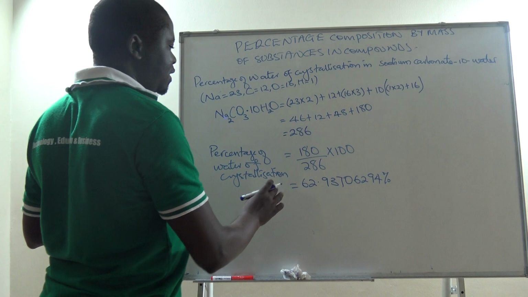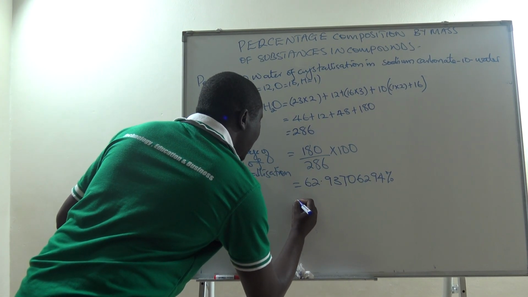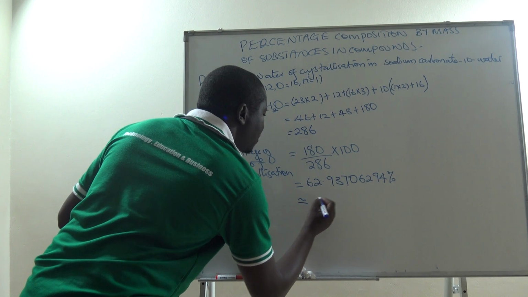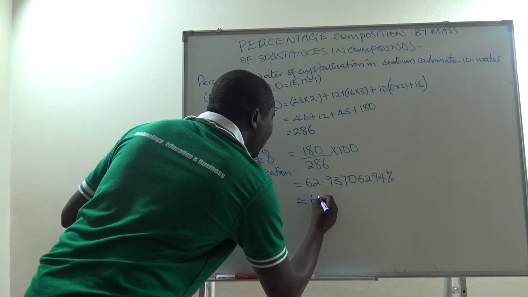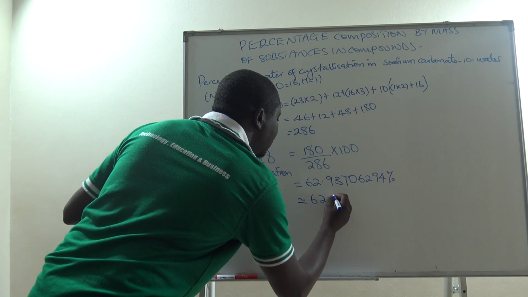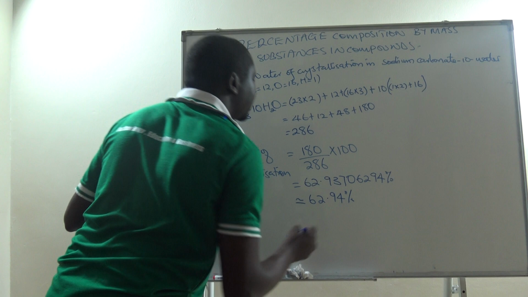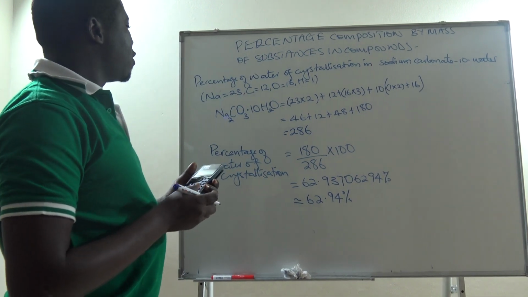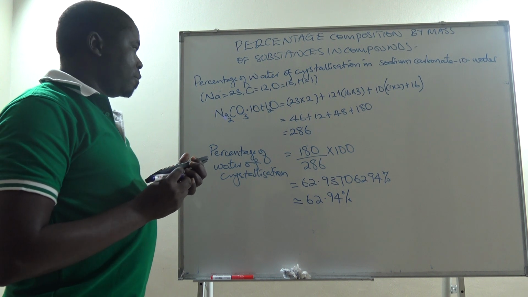And then this is the correct answer. You write the whole of it. And finally, you can get the approximate value when you round off to say 2 decimal places as we have been doing. This one gives us approximately 62.94%. So this is how we can work out percentage composition by mass of different substances in compounds.